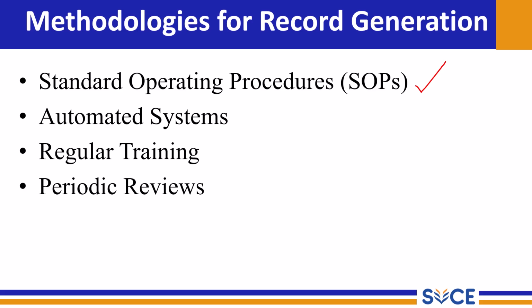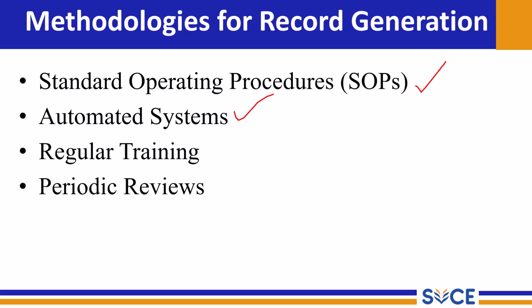And second is automated system. This methodology utilizes automated systems for record generation, which can enhance efficiency and reduce the likelihood of human error. These systems can include accounting software, data management tools, and electronic document management systems.